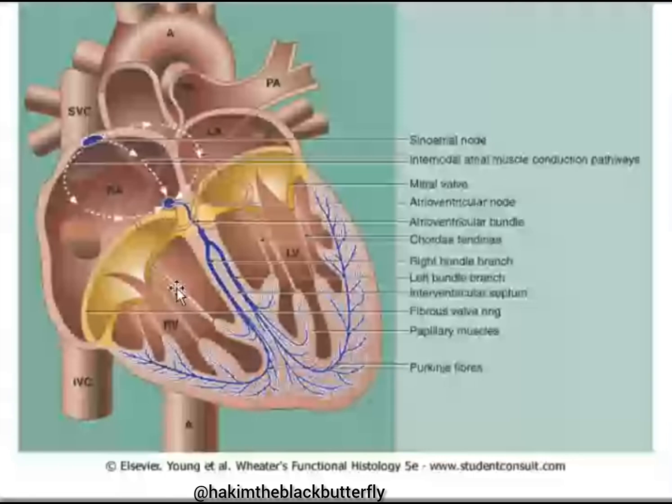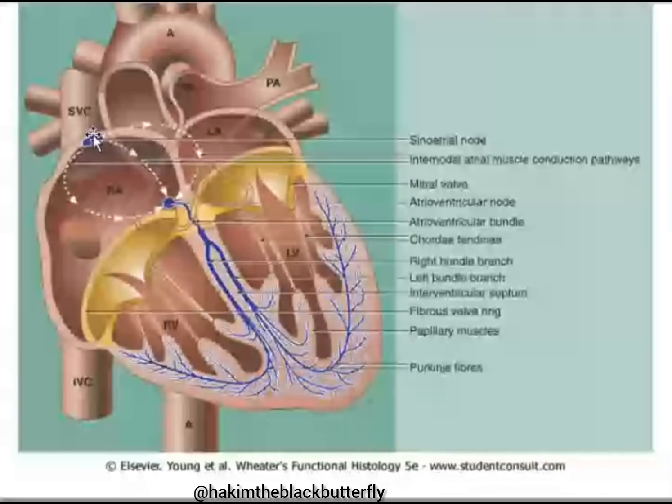Now, at the junction between the superior vena cava and the right atrium, we have the sinoatrial node.